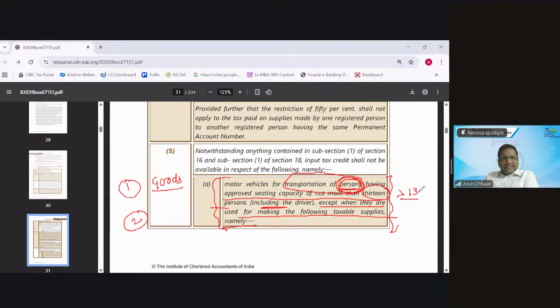If I am purchasing a bus for transportation of my own employees, will the ITC be allowed? Answer is yes, because clause A is restricting only vehicles up to 13 seats.